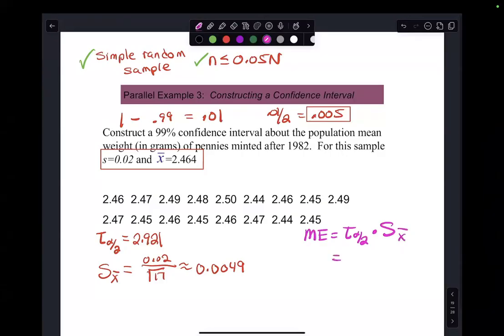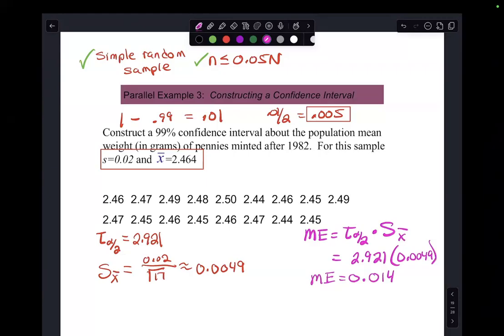So I have 2.921 times 0.0049. My margin of error is 0.014.